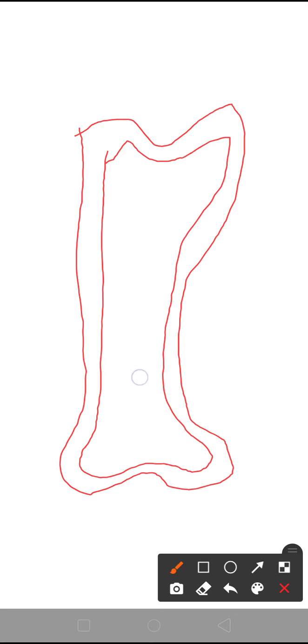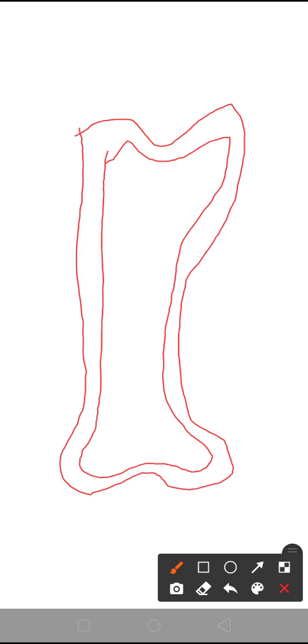This part is the hard structure in which the matrix of the bone is found, that is the Haversian canal, Volkmann's canal, and all the proteins, etc. All these are found here, and this is vacant, which we call the marrow cavity.